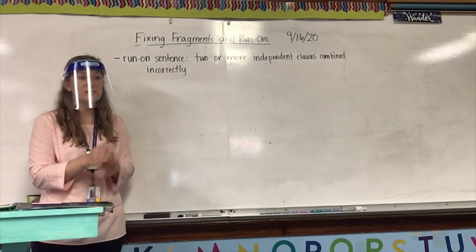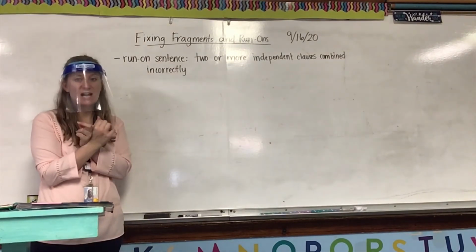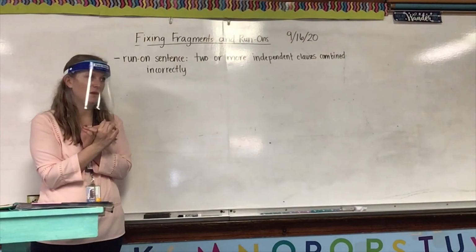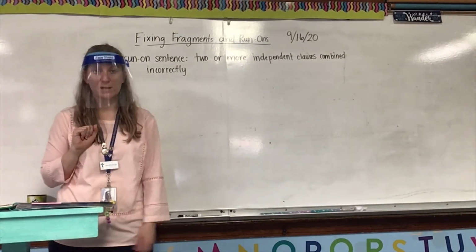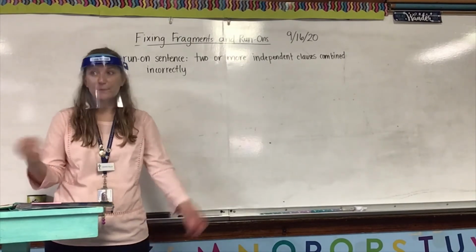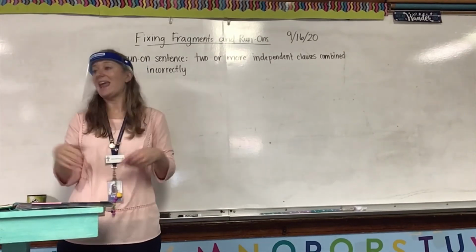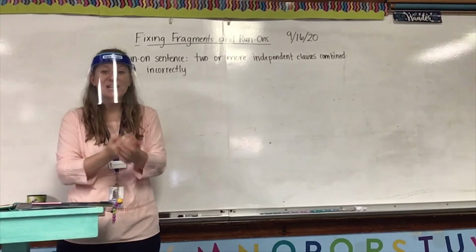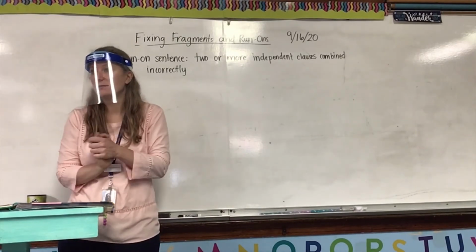It will use subjects and predicates, which was the first thing we used, because with fragments you have to add a subject or a predicate. It will use types of sentences, because you have to figure out what kind of end punctuation to put on. It will use compound sentences, because some run-ons you're going to turn into compound sentences. It will use complex sentences because some run-on sentences you will turn into complex.